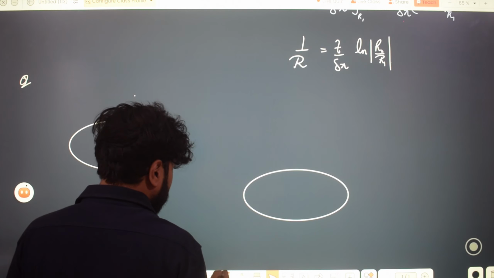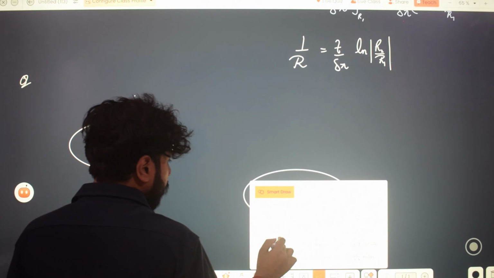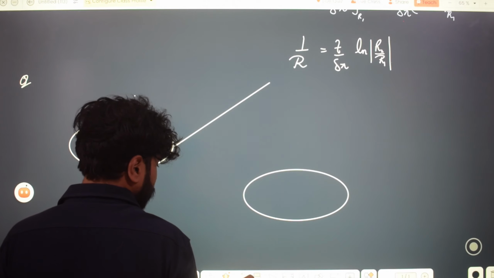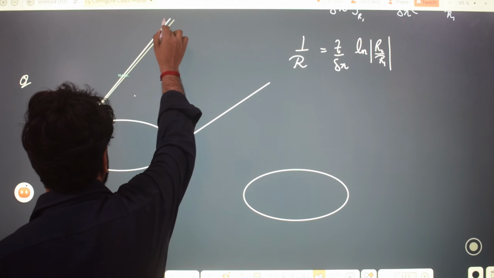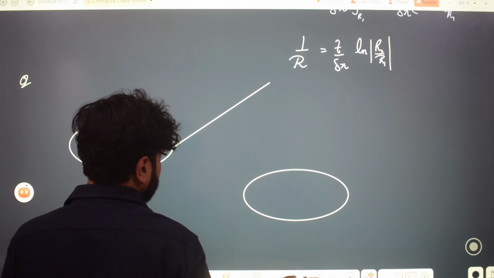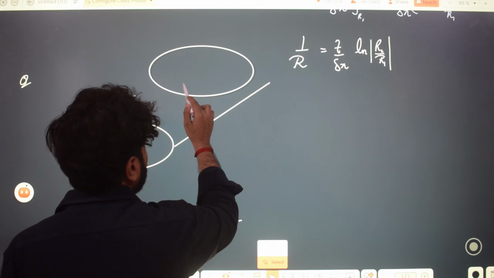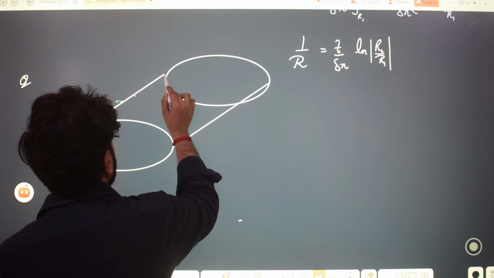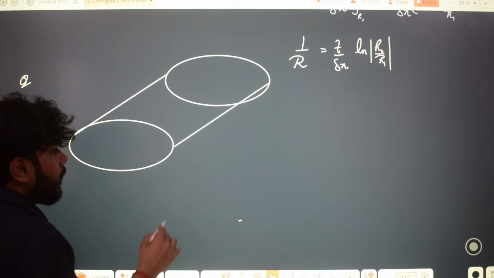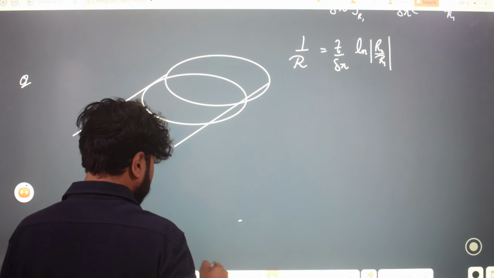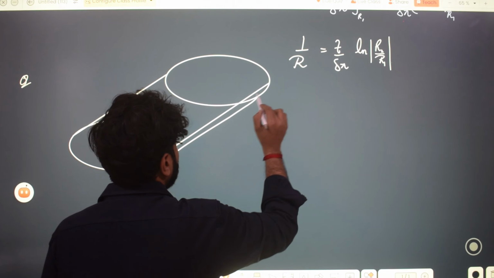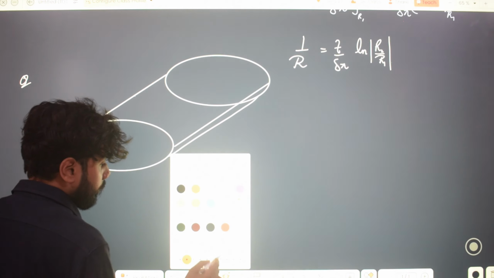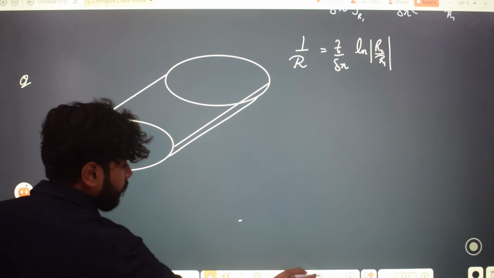Okay. So in this question, what do you have here? You have a conductor, a solid conductor. This is elliptical shape, right?